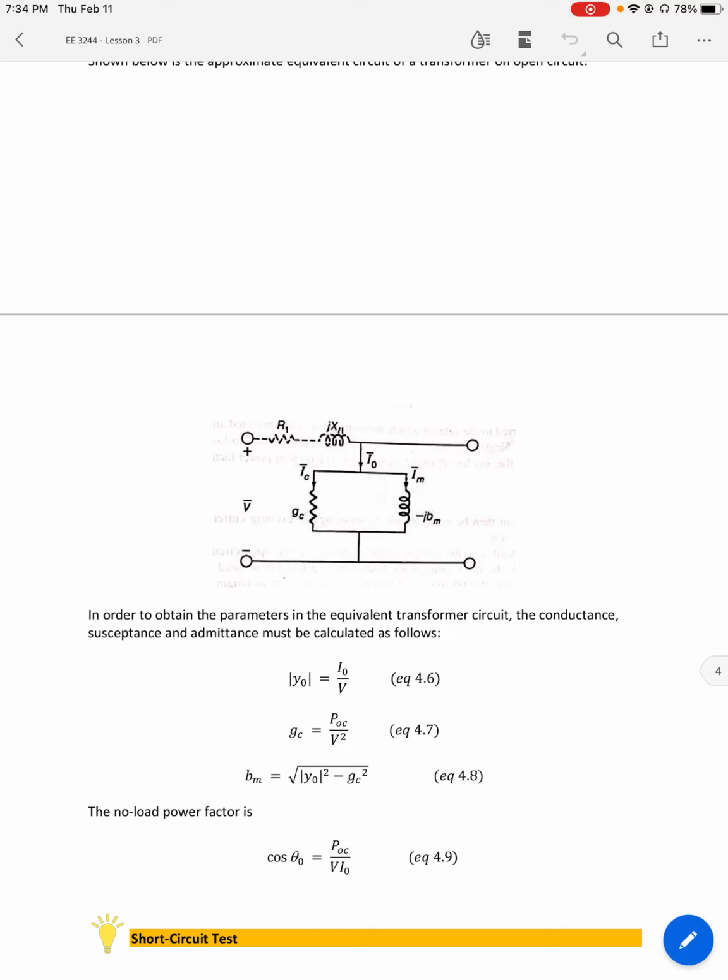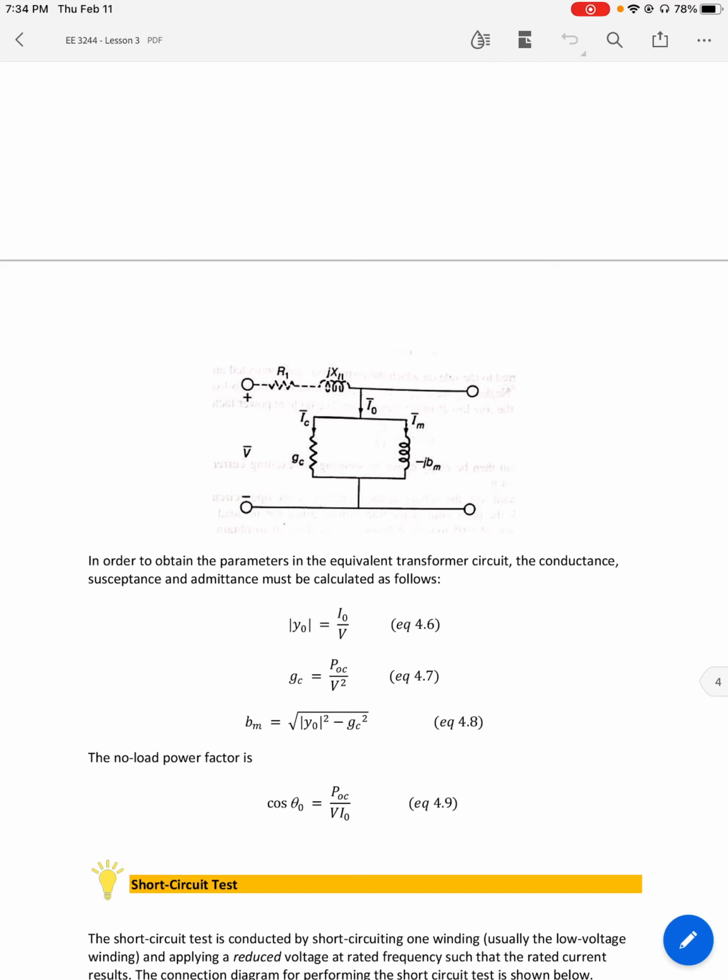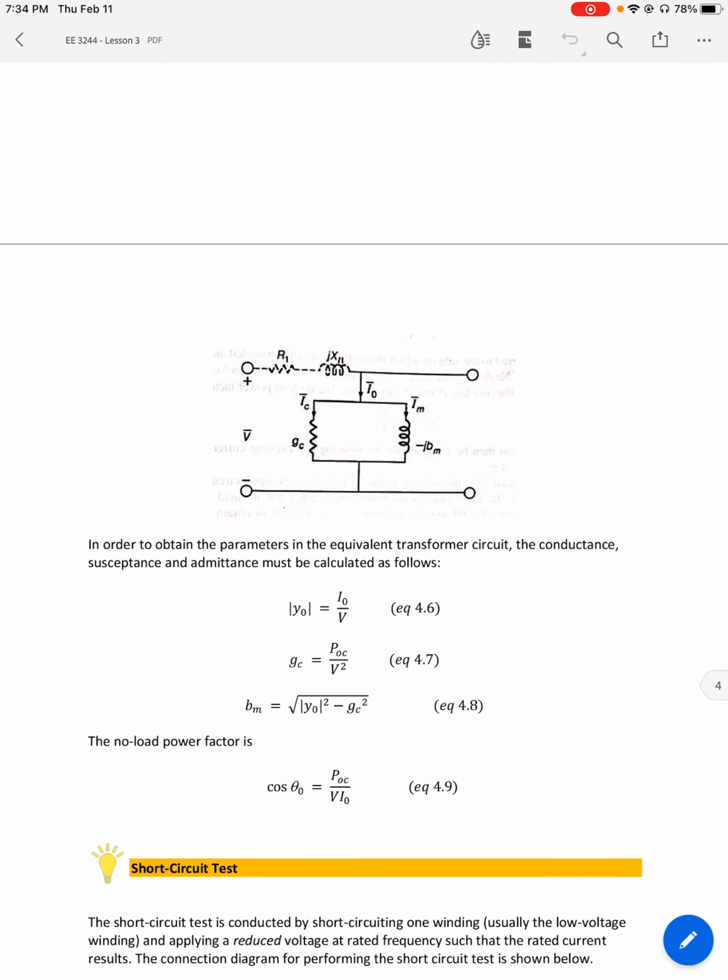And then the susceptance can be solved using the admittance and conductance. And then the no load power factor is given at equation 4.9.